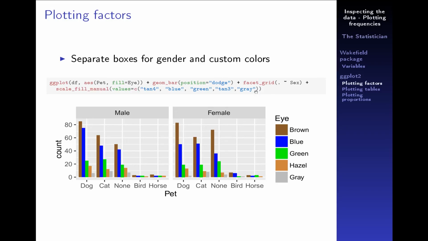And we can also have custom colors with the scale_fill_manual, and then have the values. This can be hexadecimal, but I'm using the names. And I found out that tan4 and tan3 are quite close to the brownish color. Okay.